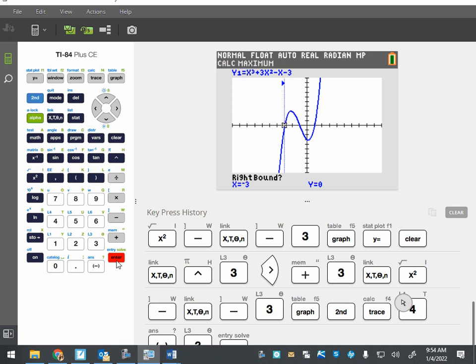The right bound, I'm going to use -1. Enter. Where it says guess, I'm going to hit enter again. So my maximum, and we're rounding to the hundredths, is -2.15 and 3.08.